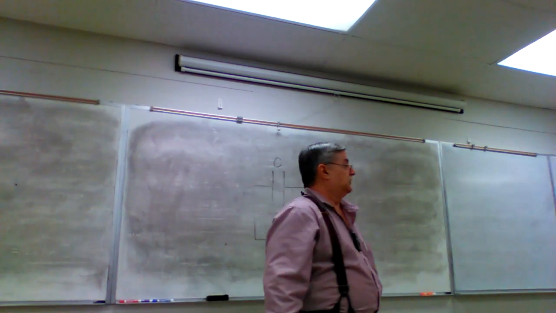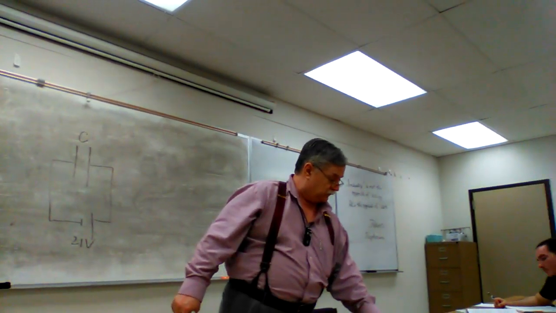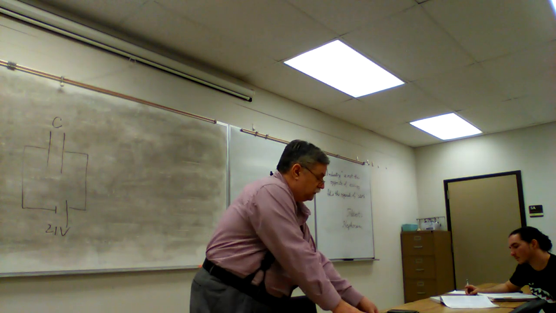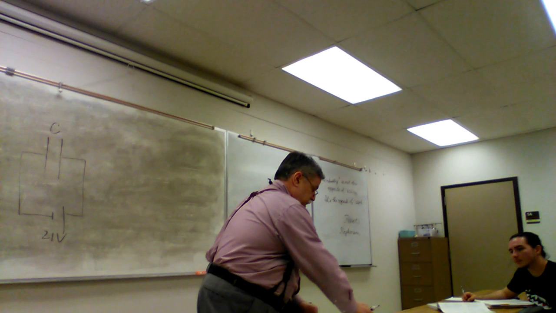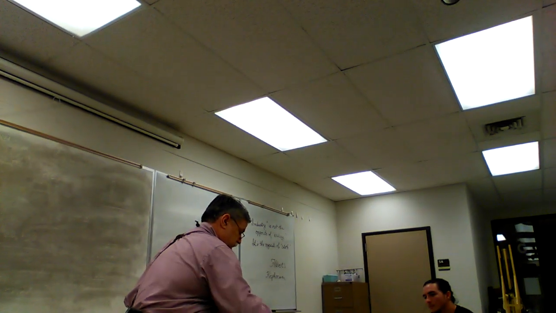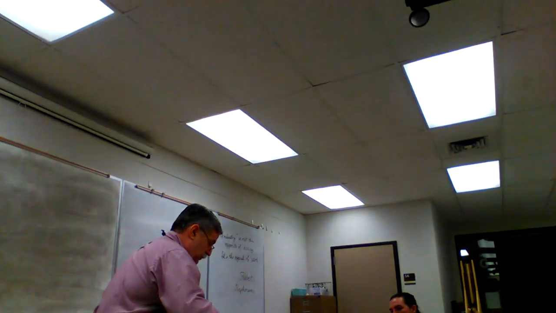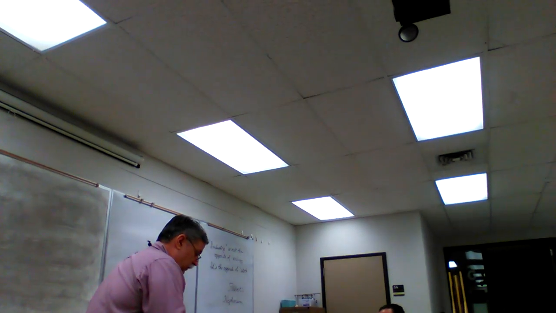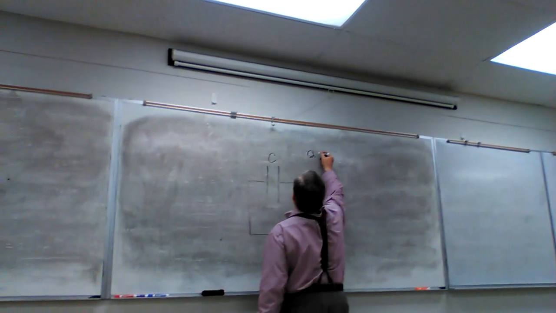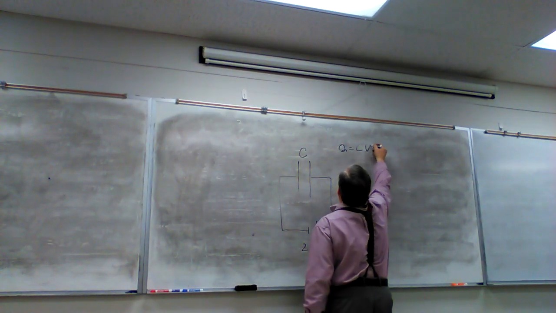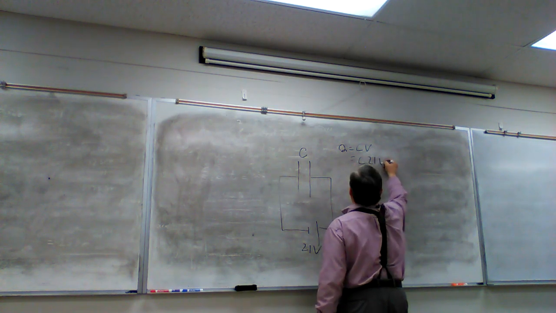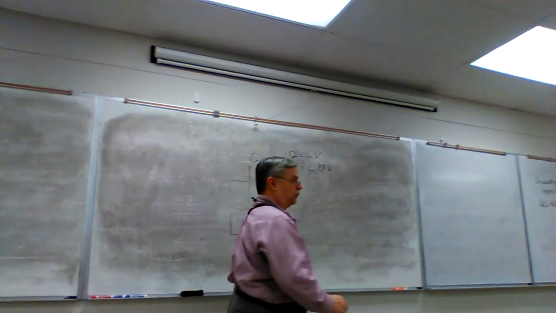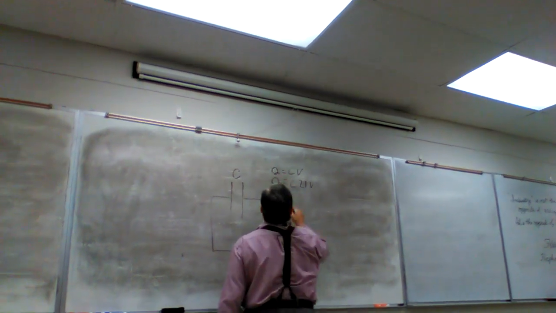We don't know what the capacitance is, but if we did, we could find the Q. The total charge would be the capacitance times the voltage, times 21 volts. That would be the total charge enclosed.